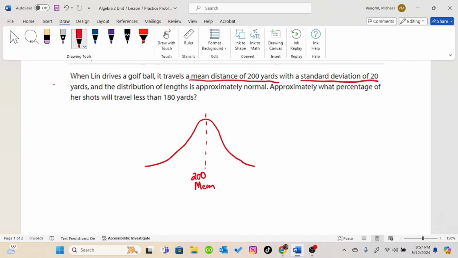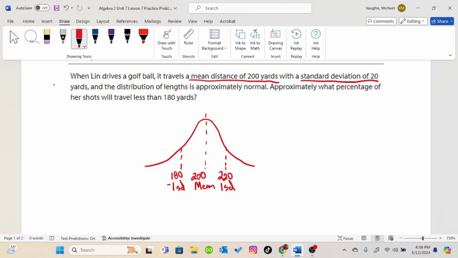So if we go one standard deviation below, we are at 180. That's minus 1 standard deviation. If we go one standard deviation above, that's 220.